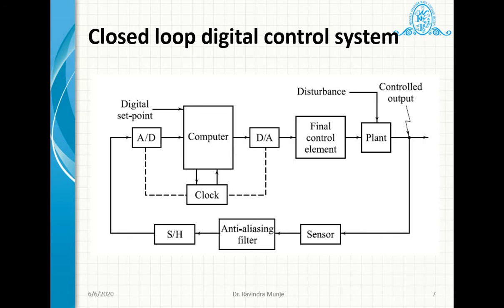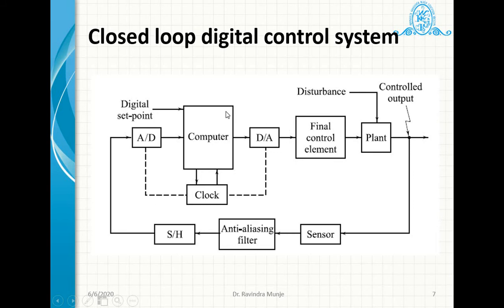That is a binary coded signal. In certain parts of the system, analog to digital and digital to analog converters are required. Now here we have an analog signal. This analog signal is converted into digital form, so we need an analog to digital converter. And here at the output of the computer we will have a digital signal, which has to be converted into analog form, so a digital to analog converter is required, right?